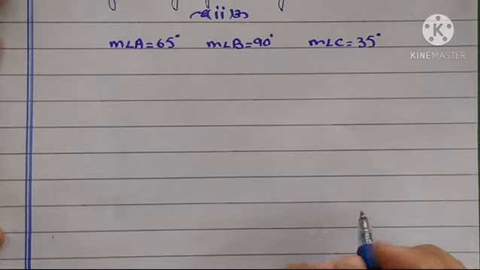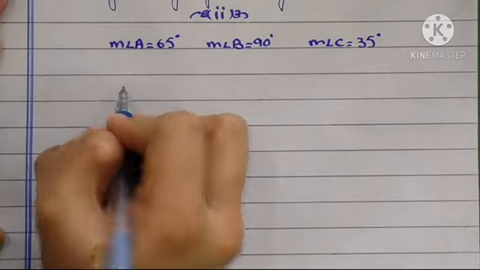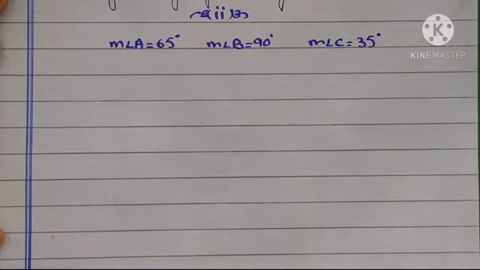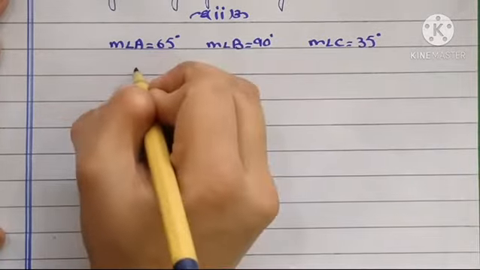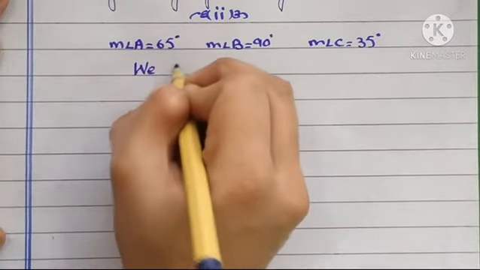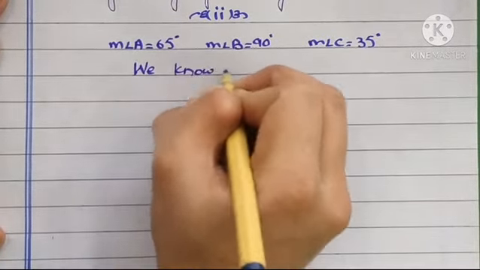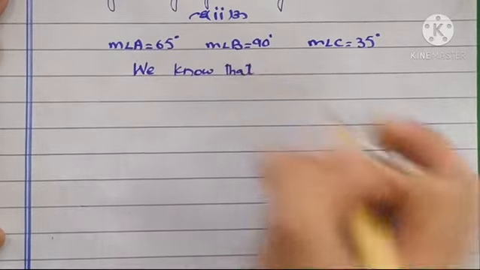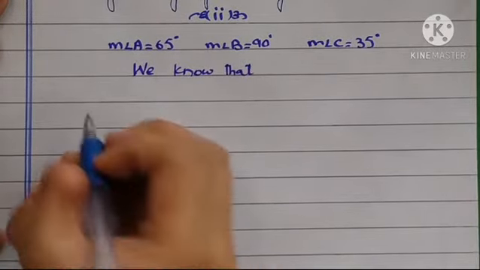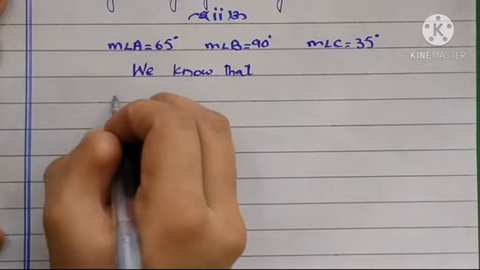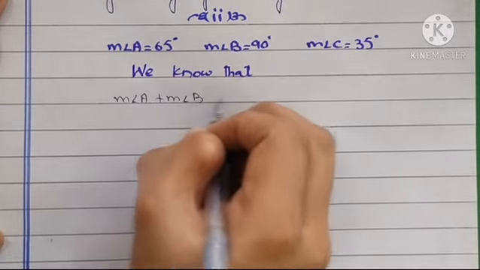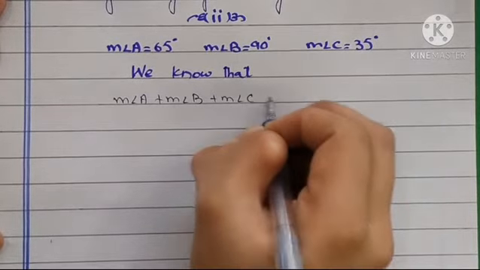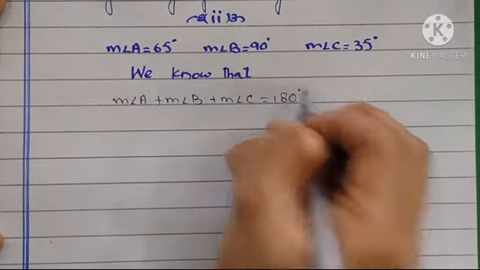Now, this is the second part. So, we will write the same thing as we wrote in part 1. First of all, we will write, we know that the sum of all the interior angles of a triangle is equal to 180 degrees. Measure of angle A plus measure of angle B plus measure of angle C is equal to 180 degrees.